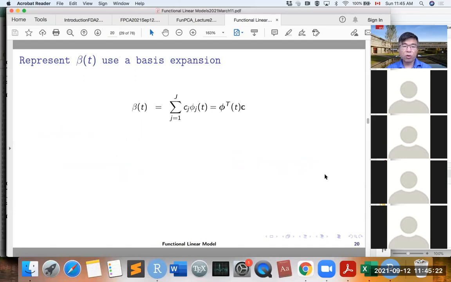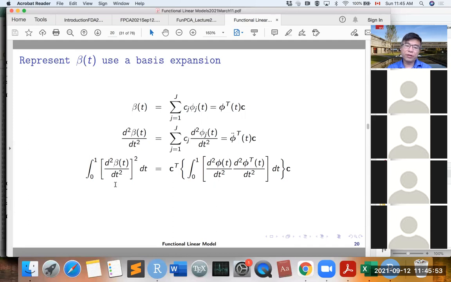Okay, so then we can redo the algebra, and so we first write beta t as a linear combination of the basis functions, and then the second derivative of beta t can also be written as the summation of the second derivative of the basis functions, right? So this is very convenient.